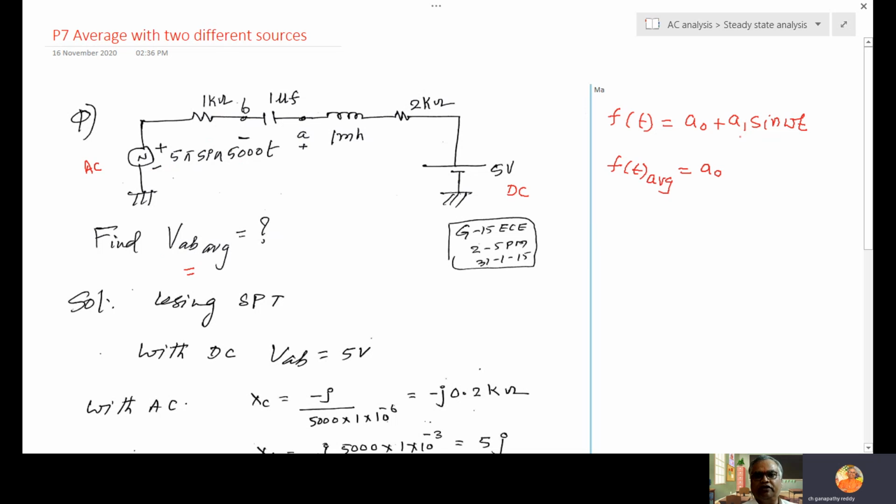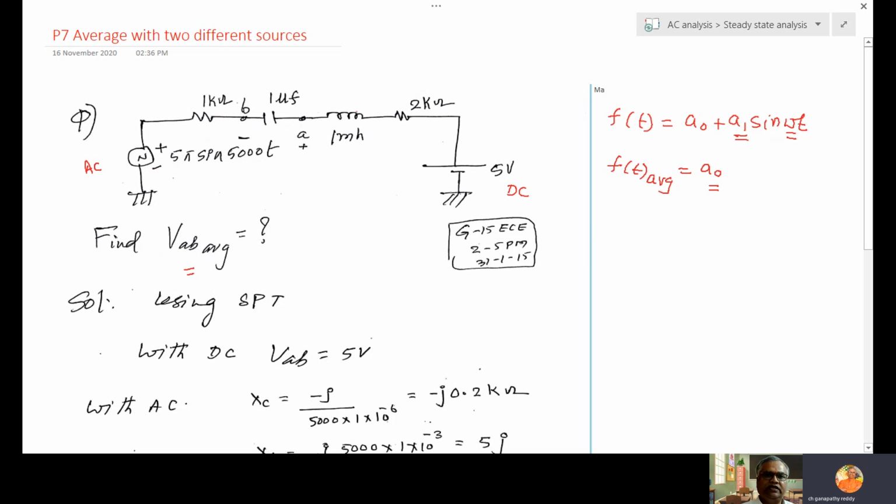So whatever may be the value of A1 or omega, it does not come in here. So it is meaningless to find this response. If you just find DC, that itself will become the average. So the time saving technique is to find VAB because of DC only, because he is asking for the average.